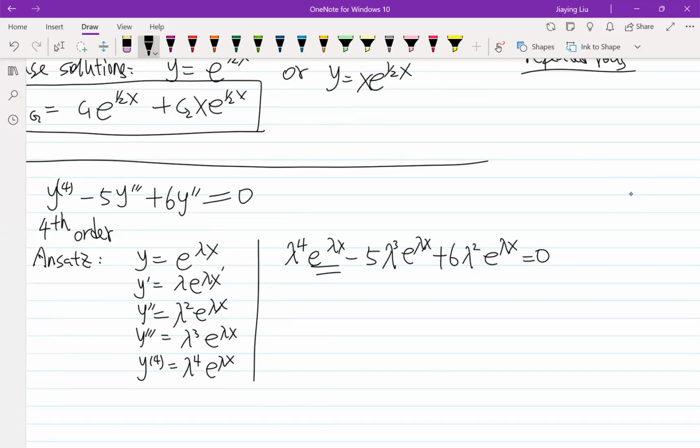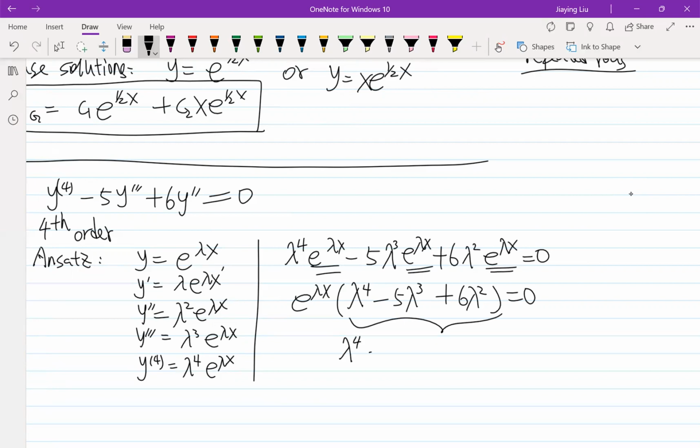And then we can factor out e to the lambda x like what we did before. We have lambda to the fourth minus 5 lambda cubed plus 6 lambda squared. And we will require that this parentheses part equals 0 because the exponential part e to the lambda x cannot equal 0.